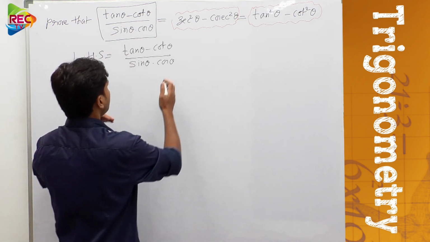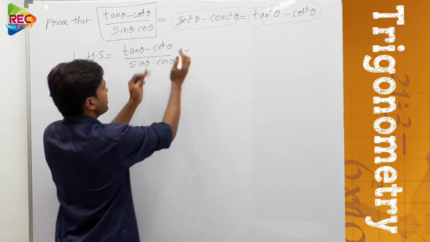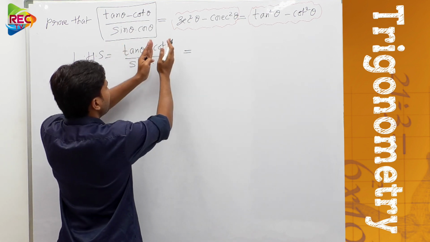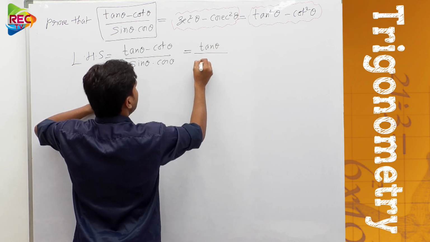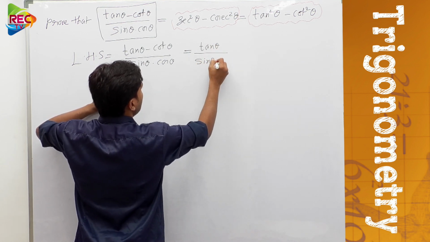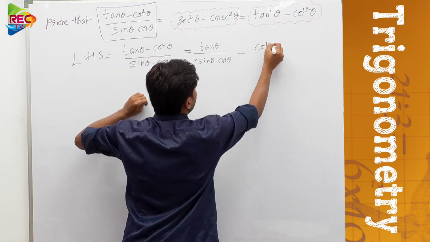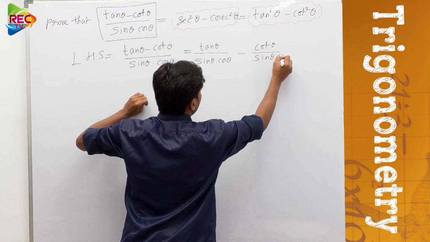Before doing that, just separate the fractions. Here, separating the fractions, what do we get? Tan theta by sin theta into cos theta minus cot theta by sin theta into cos theta.